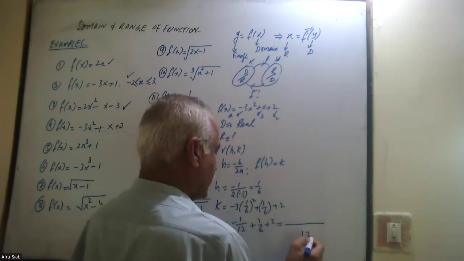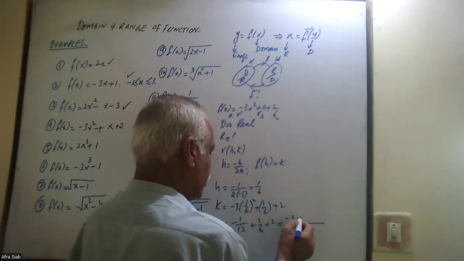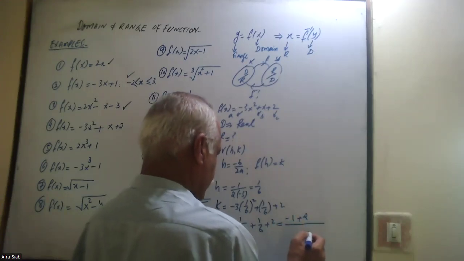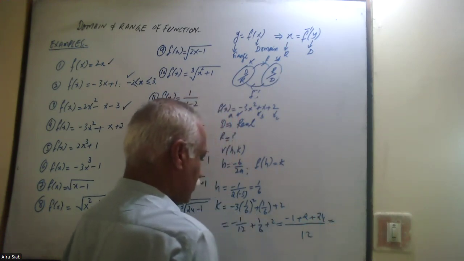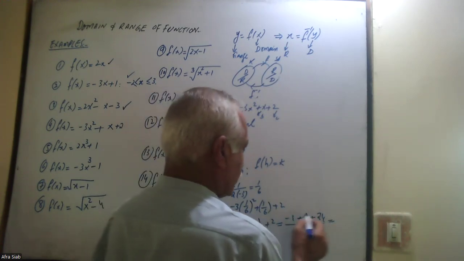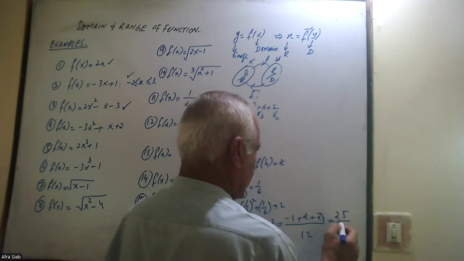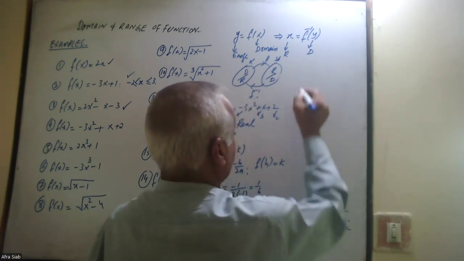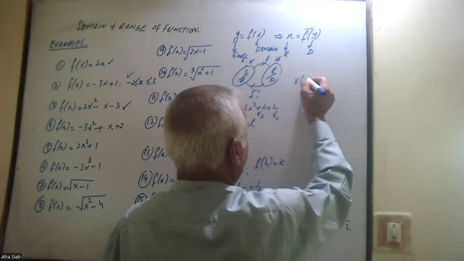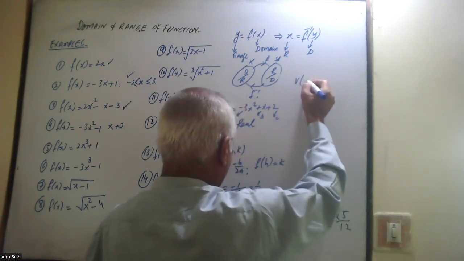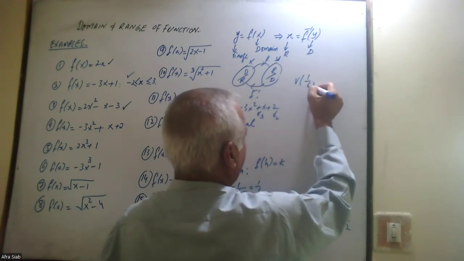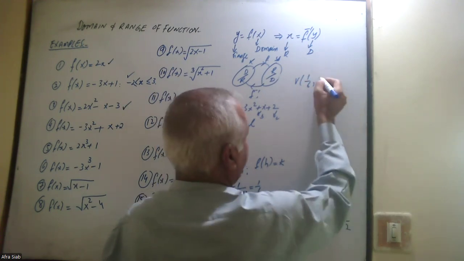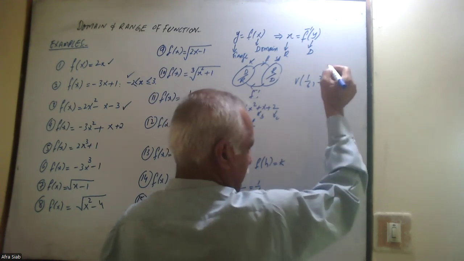We take the LCM as 12, then it is minus 1 plus 2 plus 24, so that value is equal to 26 minus 1, 25 over 12. So the vertex (h, k) has h value equal to 1 over 6 and k value 25 over 12.